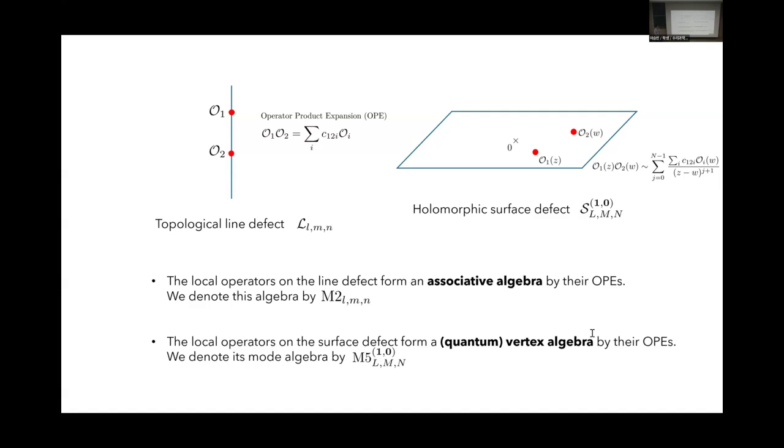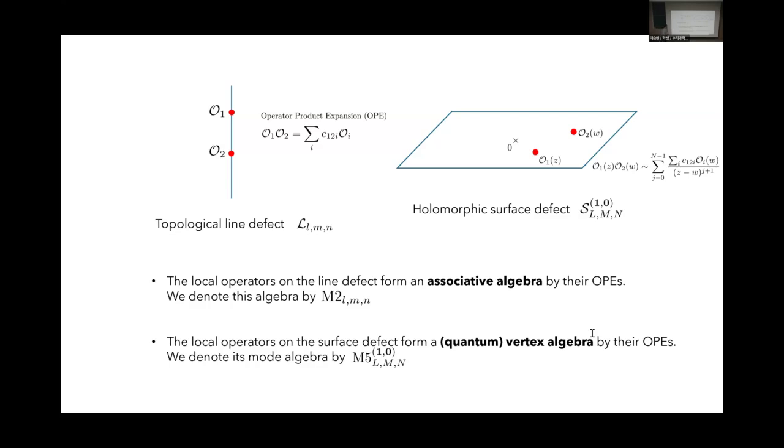In my case, for the 5D Chern-Simons theory with line defects, we have seen there are line defects labeled by L, M, N, by the number of M2 branes with different orientations. So I'll name this associative algebra assigned to LMN to be M2 LMN. So M2 LMN is an algebra.